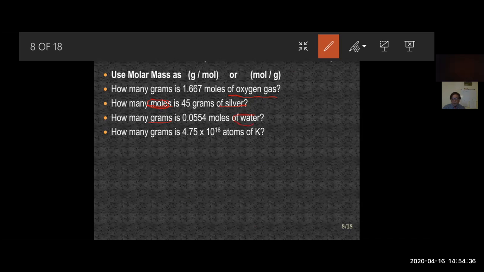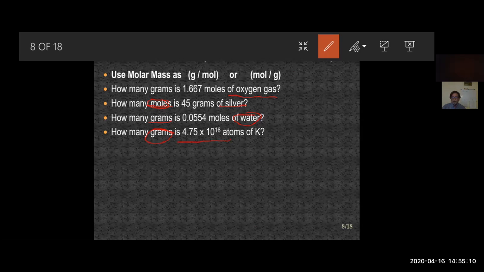Okay, water. You've got a compound here, so we need to figure out the molar mass of water, which I did earlier. It was 18.02 grams per mole. And then the last one, you want to figure out how many grams of potassium I have if I have 4.75 times 10 to the 16th atoms of potassium.